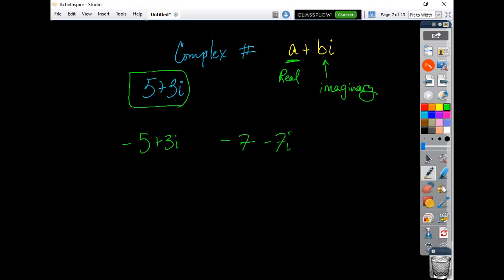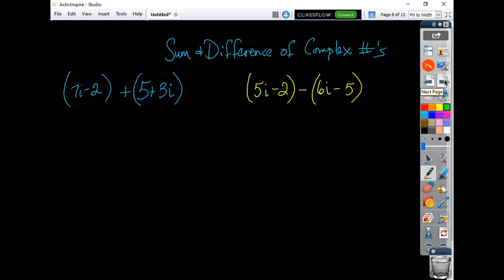Now, the one that I always think is interesting is, what if I just have the imaginary number part? Well, it's definitely an imaginary number, but if I add a real part onto there, like the real number 0, could that be a form of a complex number as well? And some people might argue it, but I would contend the answer is yes.